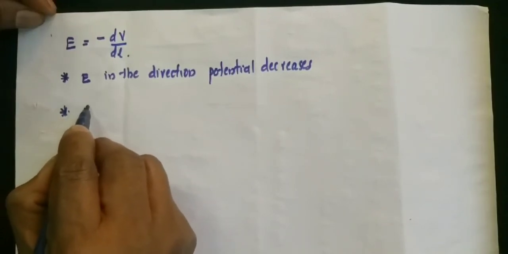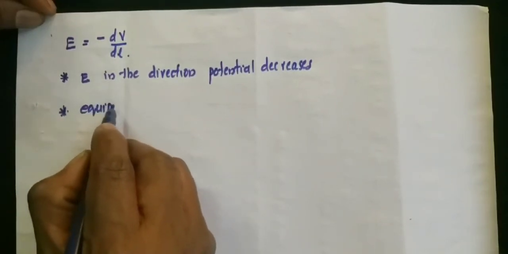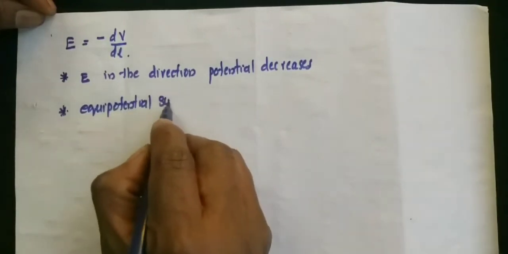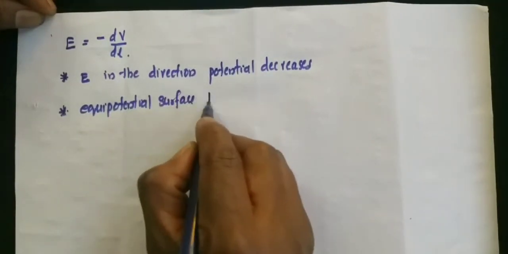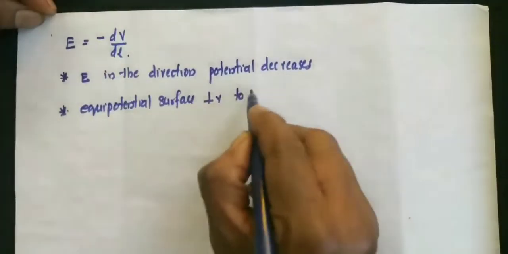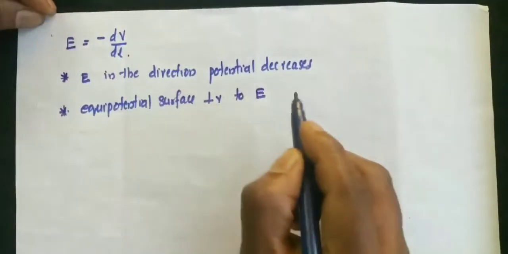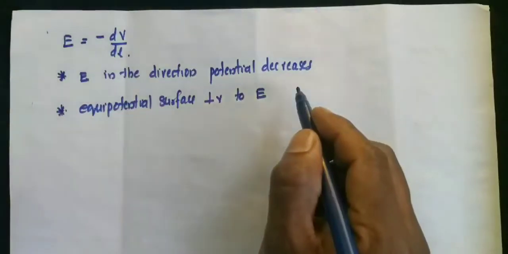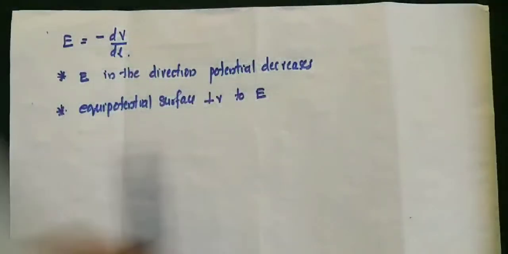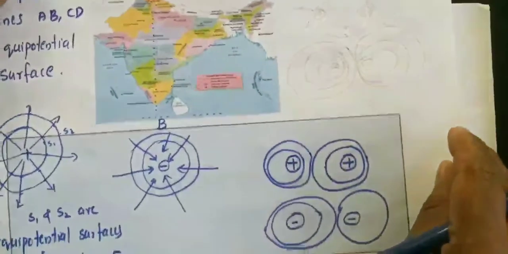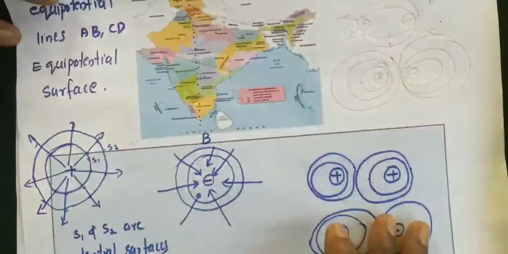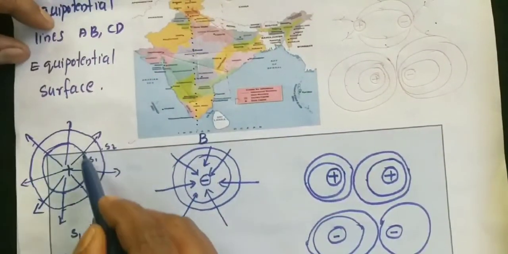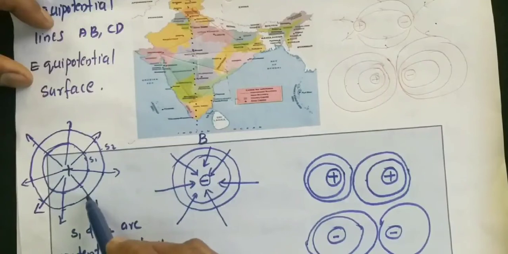Now let's go to the second point. Here we will write it as an equipotential surface will be perpendicular to the electric field. As you know, we have already derived it. Let us see the diagram. Here you can see that in the first picture, equipotential surfaces are like concentric spheres.